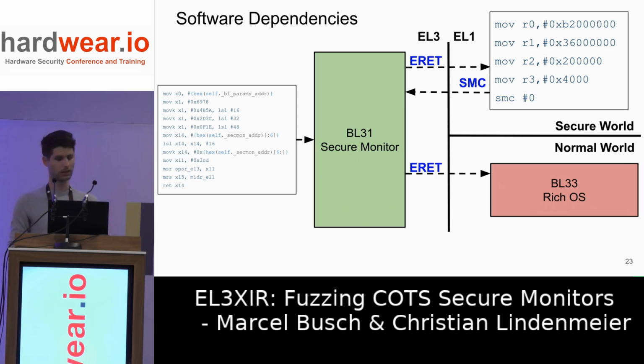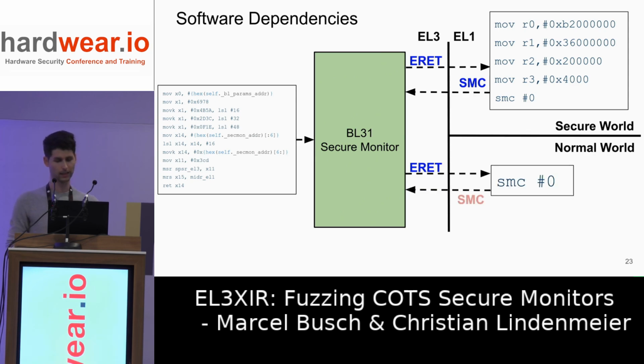It will go on, do some internal housekeeping, and at the end, remember, it will switch to the normal world. And now our attack model kicks in, because we want to inject inputs via this interface to the secure monitor. So we can replace the entire rich OS, this entire Android, this huge software stack, with a simple SMC instruction that can allow us to send arbitrary SMCs later on during fuzzing to the secure monitor.